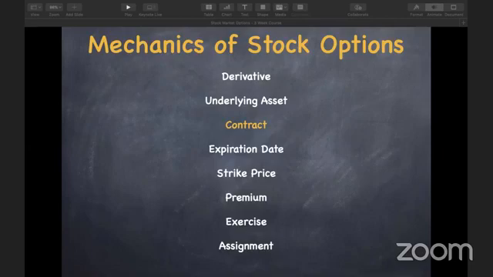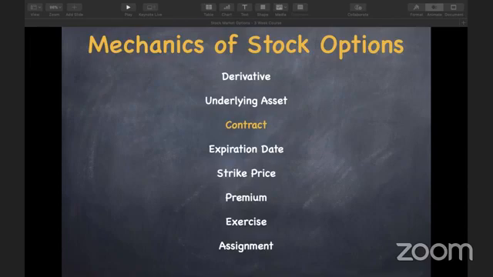That is what happens when a buyer of an option contract exercises. And sellers of options contracts are assigned. They are either required to buy or required to sell 100 shares of stock or 100 shares of an ETF or 100 shares of an index fund on or before a specific date at a specific price.